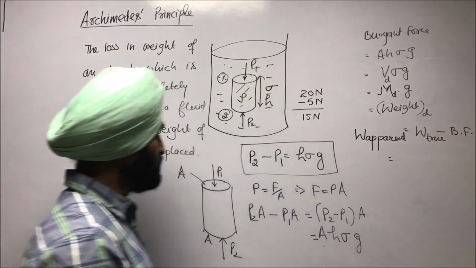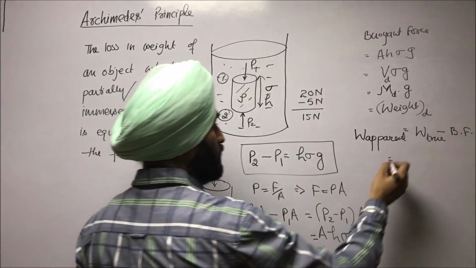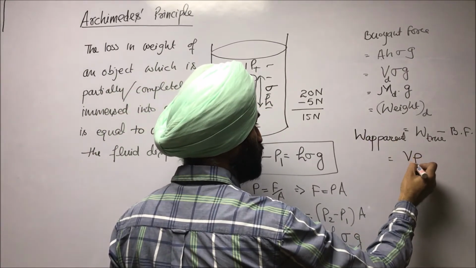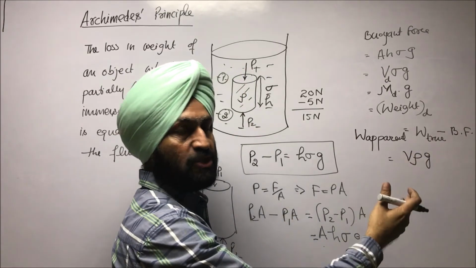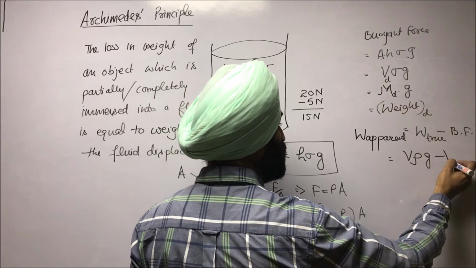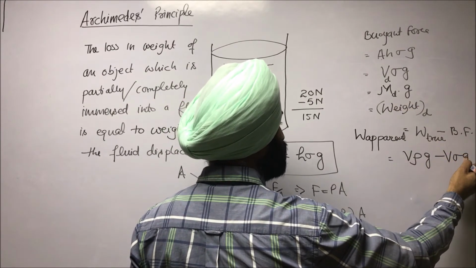Now true weight is volume of the cylinder, V into density of cylinder, rho, into G. Volume into density is mass, mass into G equals weight. Whereas buoyant force is equal to the same volume into density of liquid into G.